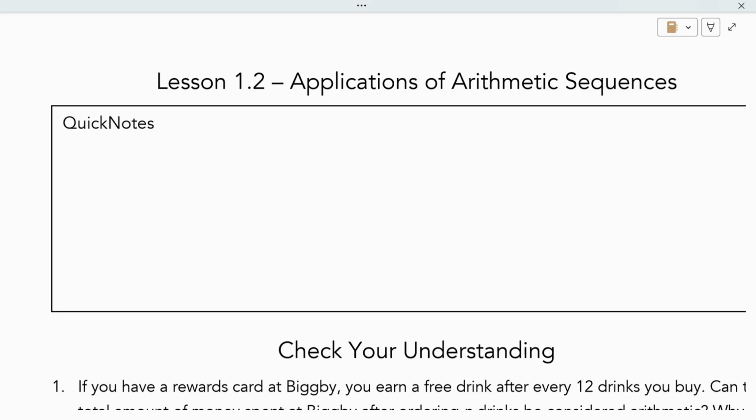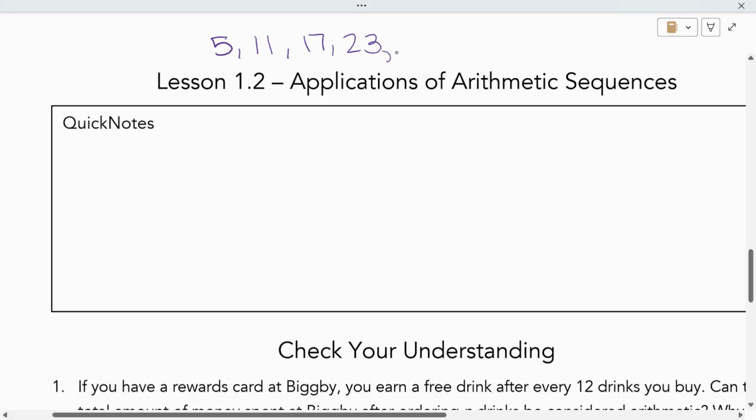How do you identify an arithmetic sequence? If you just looked at a list of numbers, how would you know if it was arithmetic? If you just saw a list of numbers, let's see, 5, 11, 17, 23. Is this arithmetic? How do you know, Owen? Because the numbers continuously add by 6.